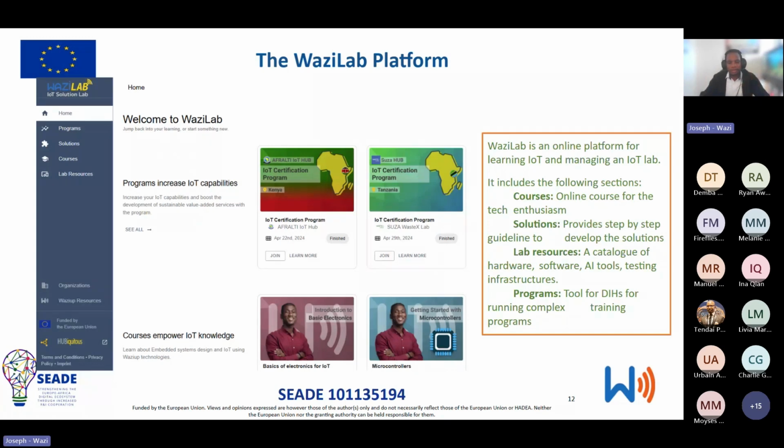Now, also at this level, we have platforms that provide IoT content. Even if you go to the mainstream platforms like Coursera, Udemy, and many others, you find content for IoT. Universities have also introduced dedicated units for IoT, so probably the content is structured.